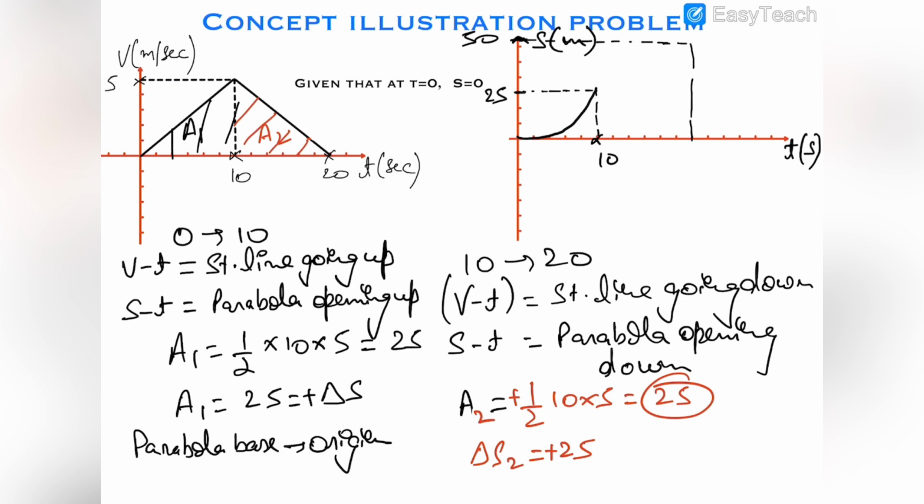Now this parabola is opening in the downward direction, but it is going up, and its base would be at a point where velocity is 0. So velocity is 0 at 20 seconds. So its base would be at 20 seconds. So this parabola would be traced like that. Okay, so this is the correct displacement time graph of this problem.